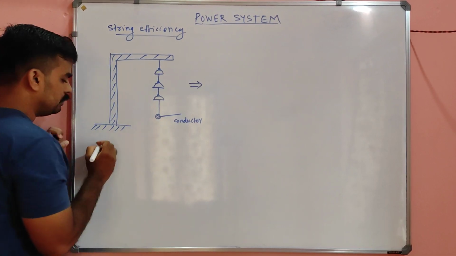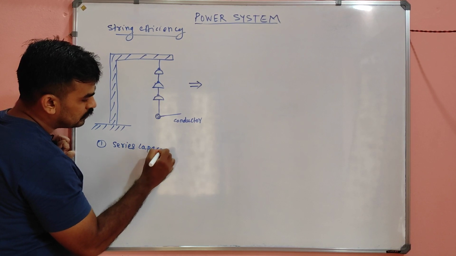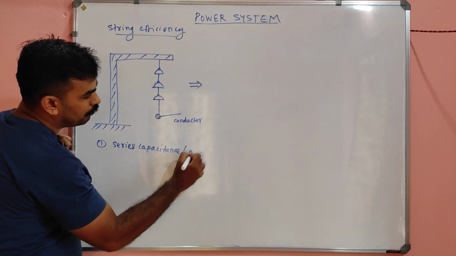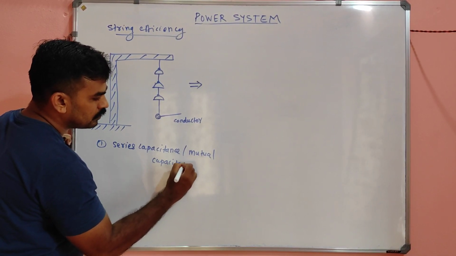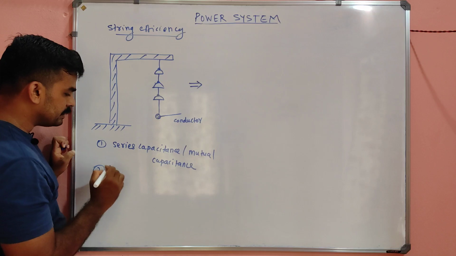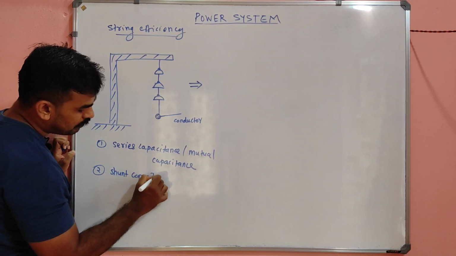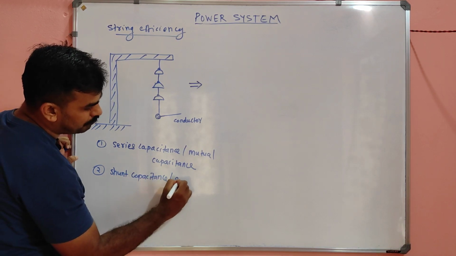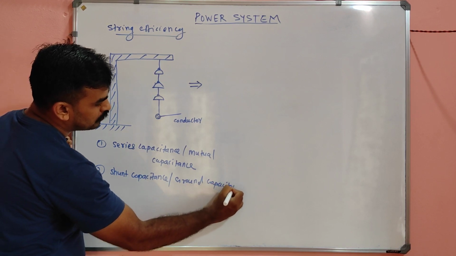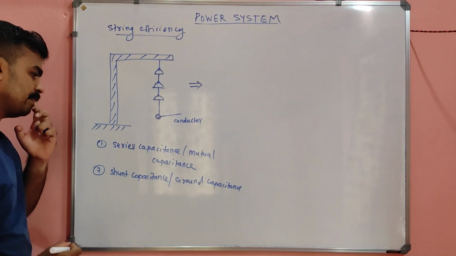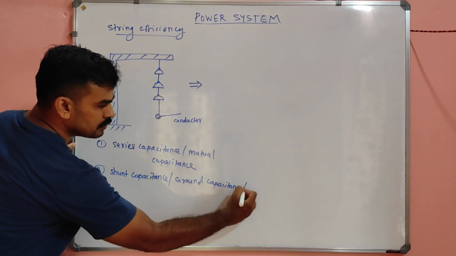One is called the series capacitor, or mutual capacitance, and the second type is called the shunt capacitor, or ground capacitance, or stray capacitance.